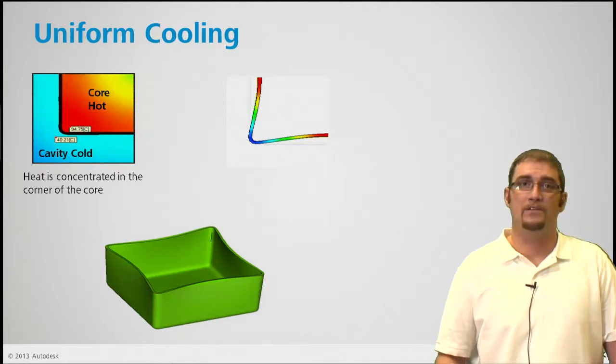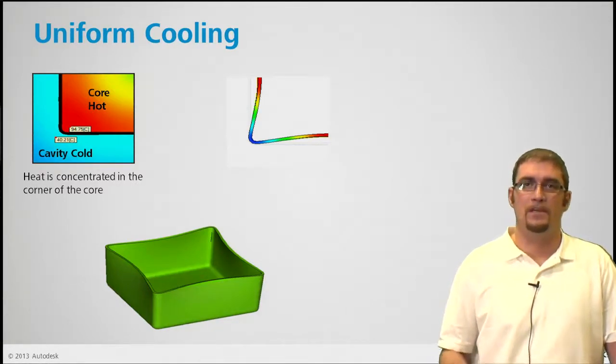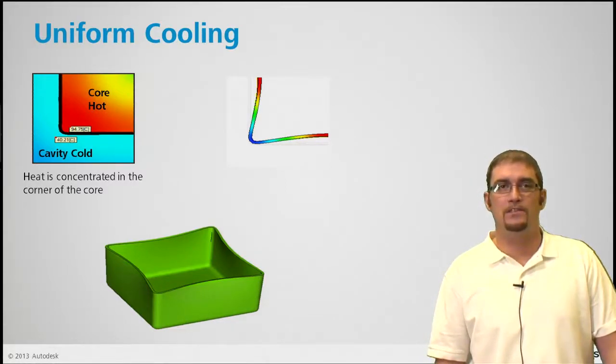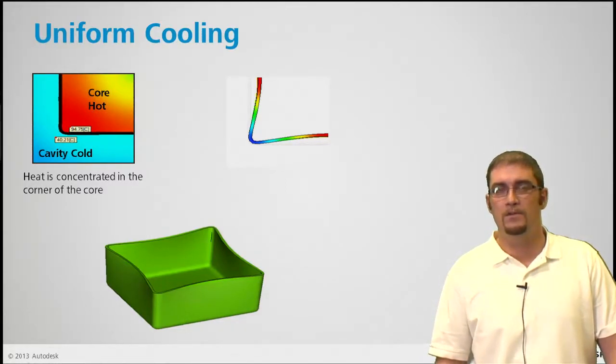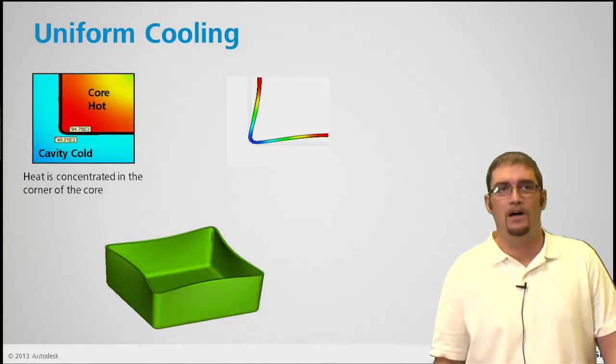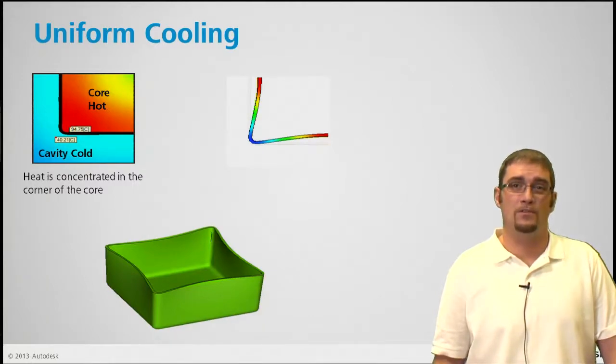Kind of taking that a step further, you can see something here that we typically refer to as corner effects. And that's the same thing, but maybe a little more complex. So you're looking at here, we have hot core right on those inside corners, which is something we would typically expect.